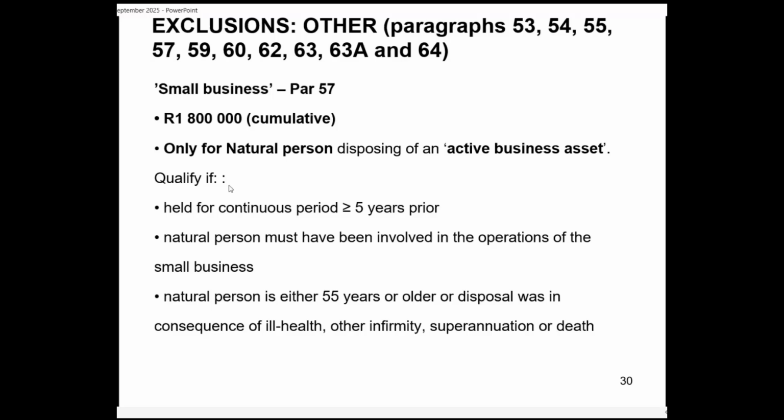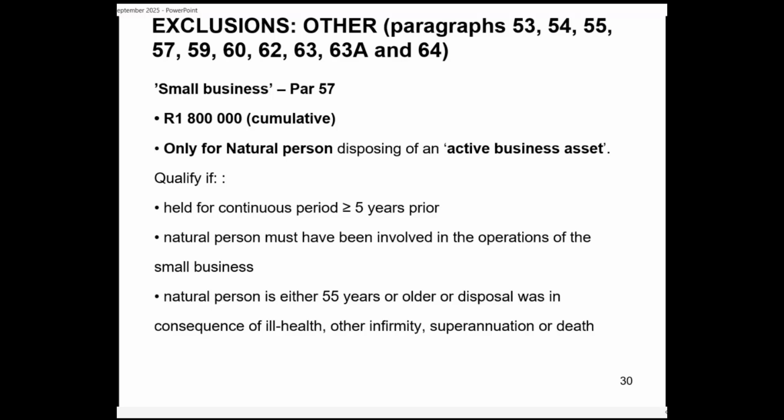A natural person, remember, we are talking about the exclusion. It will only be applicable to a natural person disposing of an active business asset. He qualifies if the asset was held continuously for periods of greater than or equal to 5 years prior. And the natural person must have been involved in the operation of a small business.